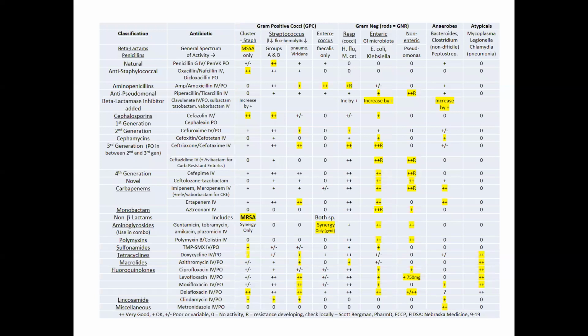This presentation goes along with a handout that lists each of the common antibiotics along with bacteria that are commonly encountered in practice. You can see from the top of the antibiotic chart that I have gram-positives, gram-negatives, and anaerobes or atypicals, and have broken it up that way. And then you should be able to know the basic microbiology and morphology of each organism on this chart.